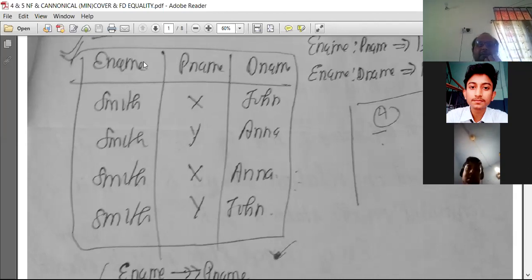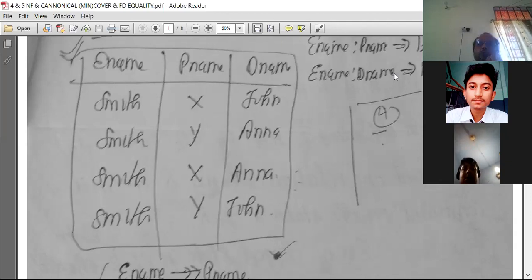Now another entity: from E name to D name, Smith and John, and from Smith I also get Anna. That means more than two D names are dependent on E name. So E name and D name also have a relation of 1:n.